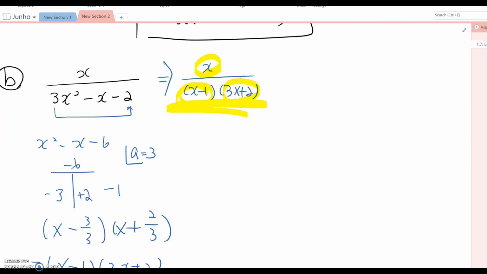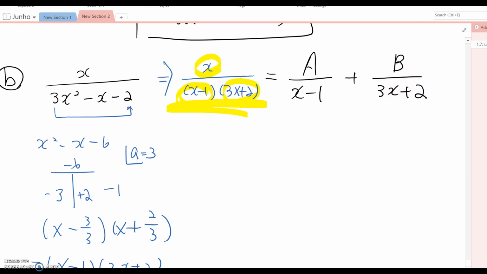Because we have two denominators, you can rewrite this as a over x minus 1 plus b over 3x plus 2. The reason we can set up a and b as constants is that the denominator has leading degree of a single power, so the numerator must be a constant value.